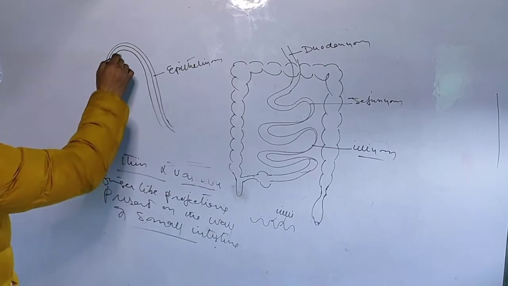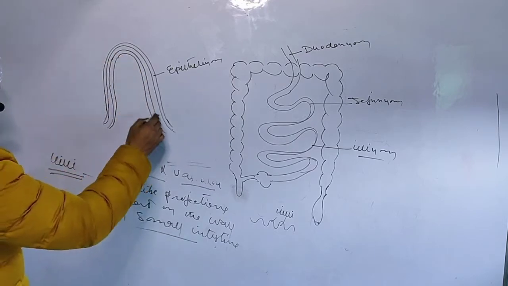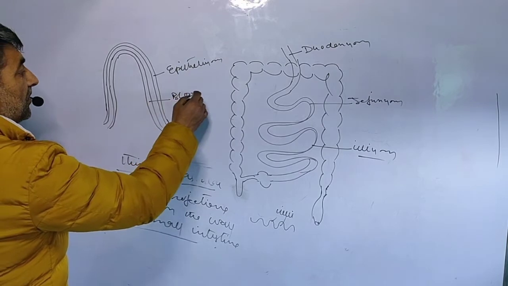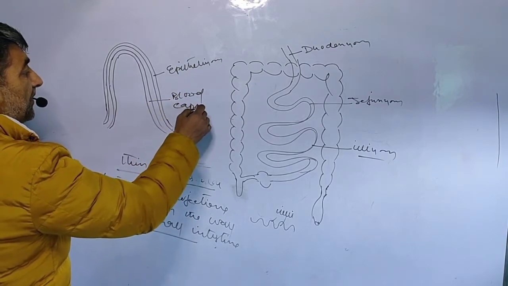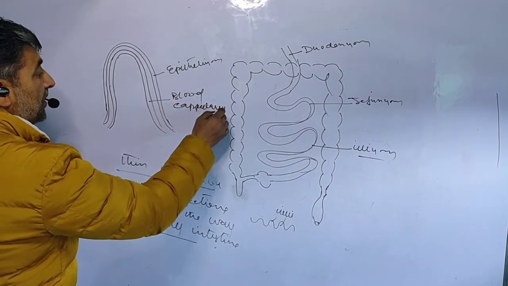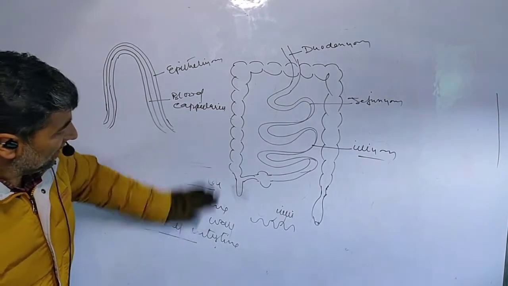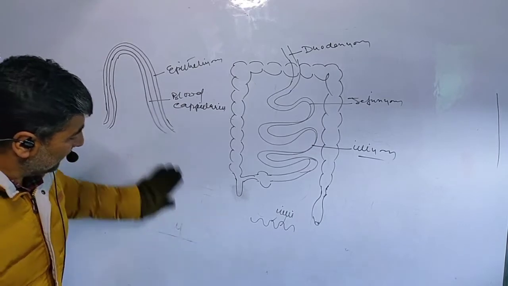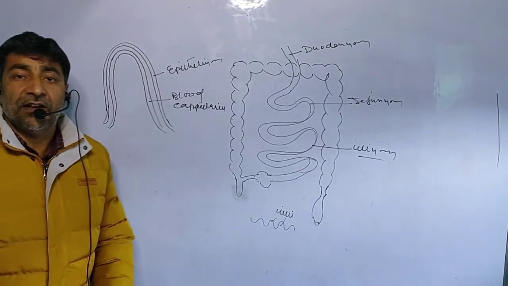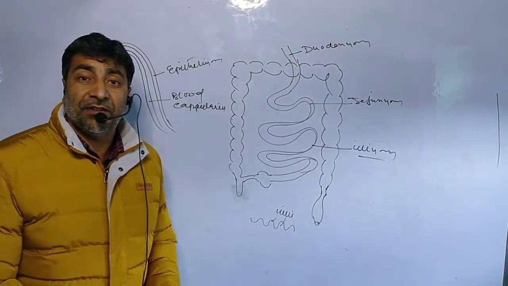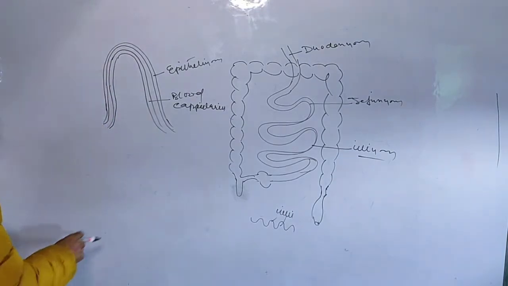Each villus contains blood capillaries and lymph capillaries. Lymph capillaries and blood capillaries are also present in villi.